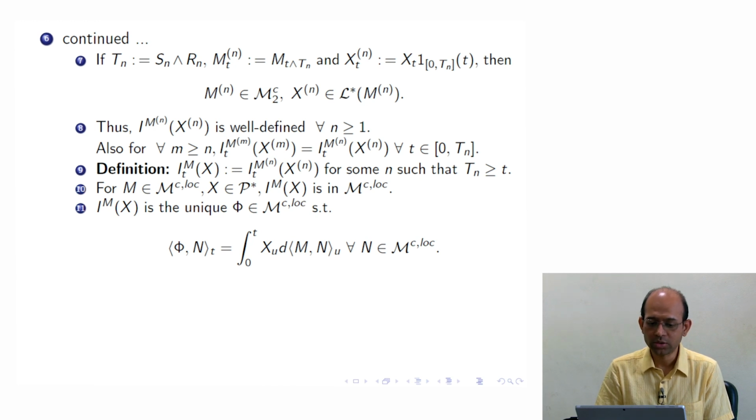So if we have a continuous local martingale, and phi is the integration of x with respect to another continuous local martingale m, then the quadratic covariation is the integral of x, the integrand, with respect to the quadratic covariation of m and n.